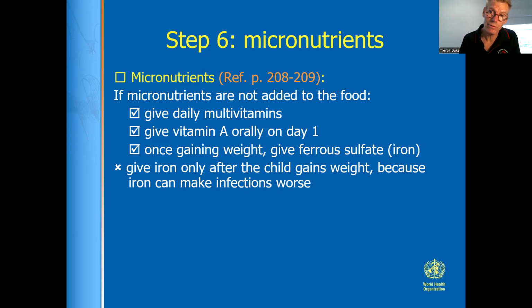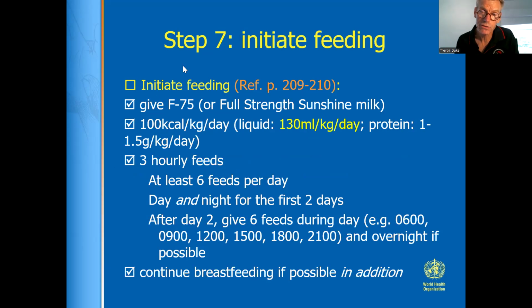So I generally start when the child's temperature is stable, you believe their infection's under control, at least a few days after they've started on feeds and they're starting to gain weight. Usually, WHO says at 1 week you should start iron, and I think that makes sense because the infections would be treated.